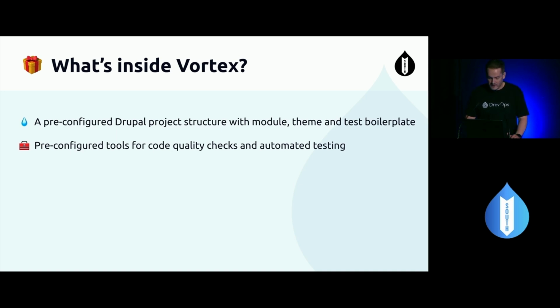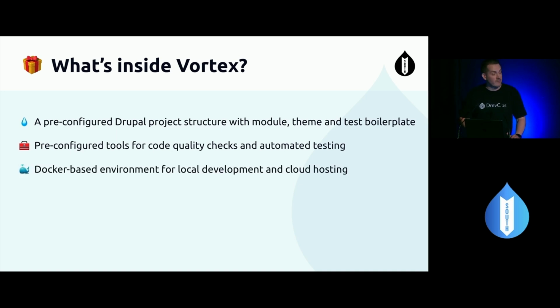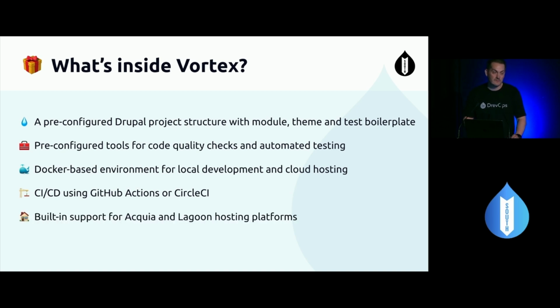I'll speak more about that further in the presentation. Another one is a Docker-based environment for local development and cloud hosting. There is a CI/CD setup using GitHub Actions or CircleCI, so you can choose which one you would like to use for your project. There's built-in support for Acquia and Lagoon hosting platforms. I'll speak about that later as well.